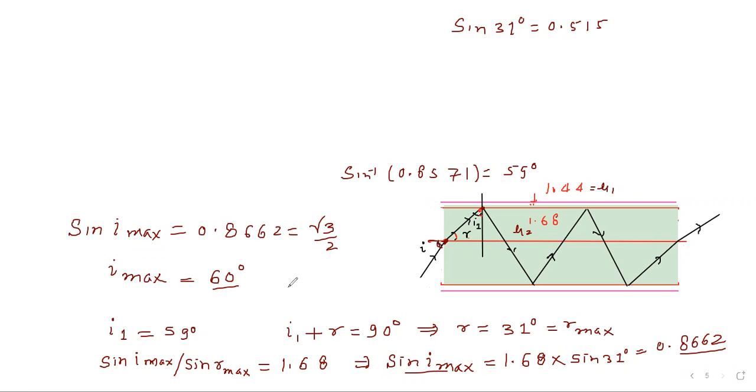Hence, we can say the range will be from 0 to 60 degrees for i. If this angle lies between 0 and 60 degrees, then total internal reflection will occur. Thank you for watching.